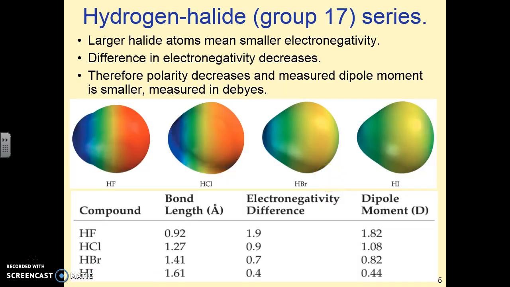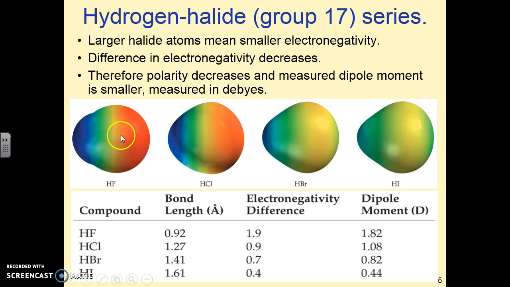So we talked about polarity. Some things are more polar than others and have a larger dipole moment. If there's a greater difference in electronegativity, the bond is more polar. The AP exam likes to ask which bond is the most polar. Here, all of these have H bonded to something in group 17, which is a halogen.